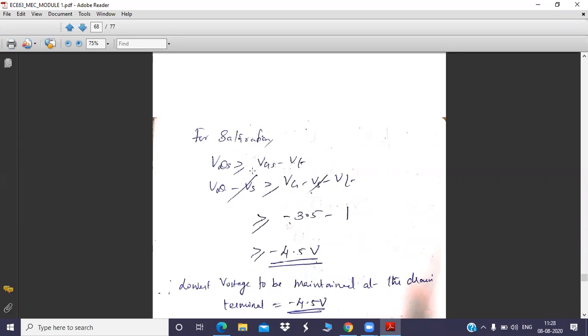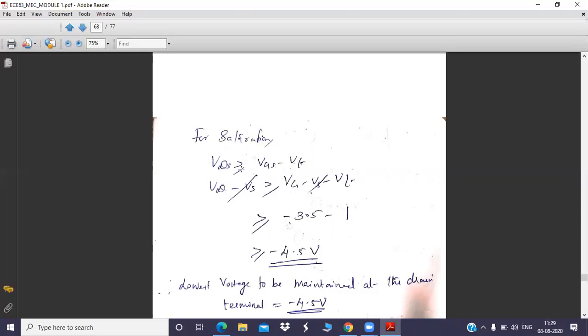The desirable condition is greater than or equal to, but the minimum condition is equal to only. So VDS equal to VGS minus VT is the minimum allowable voltage at the drain terminal of Q2, so that Q2 will remain in the saturation region for as long as the power supply is available to the circuit.